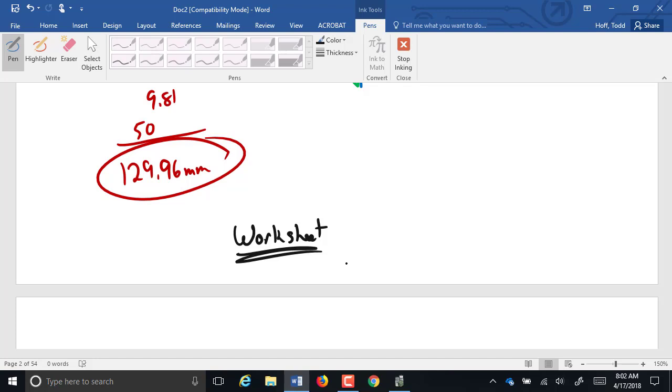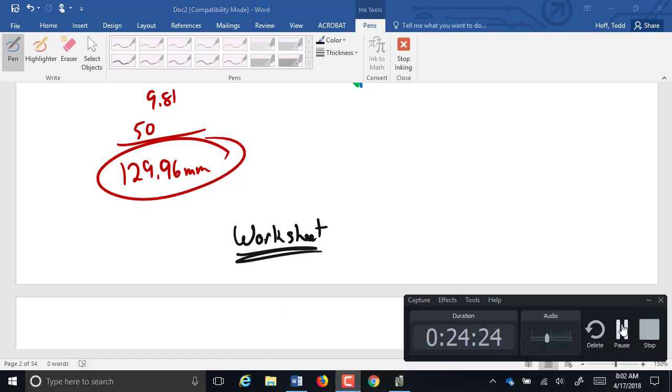Tomorrow's Wednesday already, so Thursday we'll have a quiz, and that'll be the end of it. We'll work on the quiz in class, and then you'll get to take the quiz home for the weekend. And starting next week on Monday, we're going to start double angle, compound angle application. Those would be how to set up a drill press and a mill for milling different surfaces and stuff like that. So I'll give you that worksheet and give you guys the last 18 minutes here to get started.